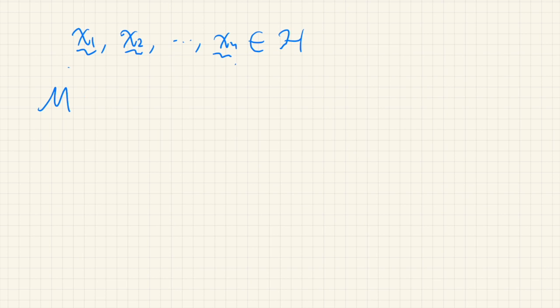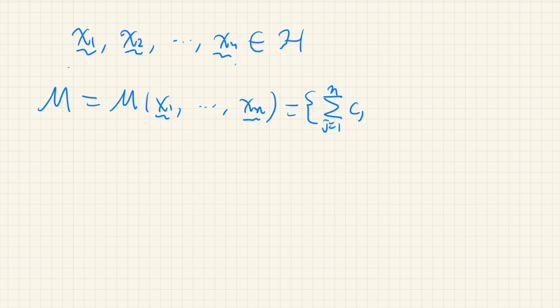So let's define M as the set of linear combinations c_j x_j, where c_j are real numbers, j from 1 to n.